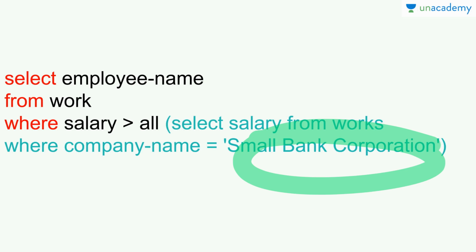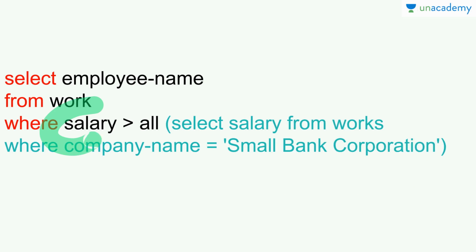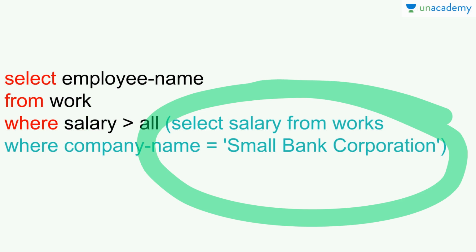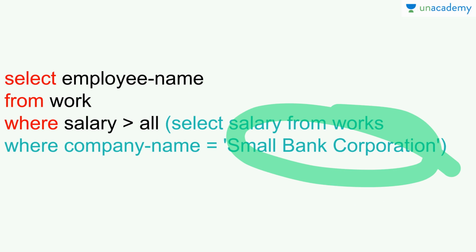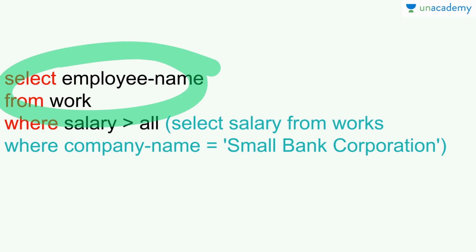Then what we have to do, just check each and every employee of every company whether his salary is greater than every salary of this. Okay, so like there are 2 employees working in small bank corporation having salary 100 and 200. So what will this query do?